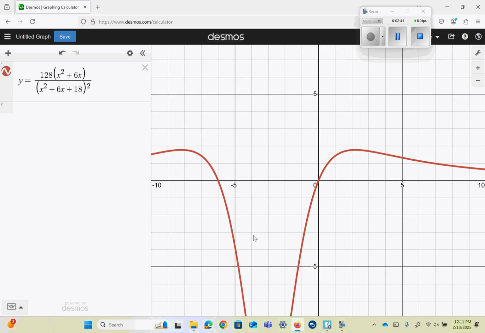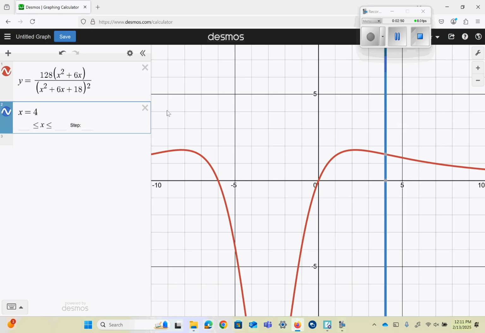If we wanted to figure out what the limit would be as x approaches 4, if we just do x equals 4, it looks like we do indeed come across a value. It doesn't matter if I approach from the right or from the left. So the answer to letter A is 1.522. Desmos works very nicely for that. The nice thing is we don't have a hole.